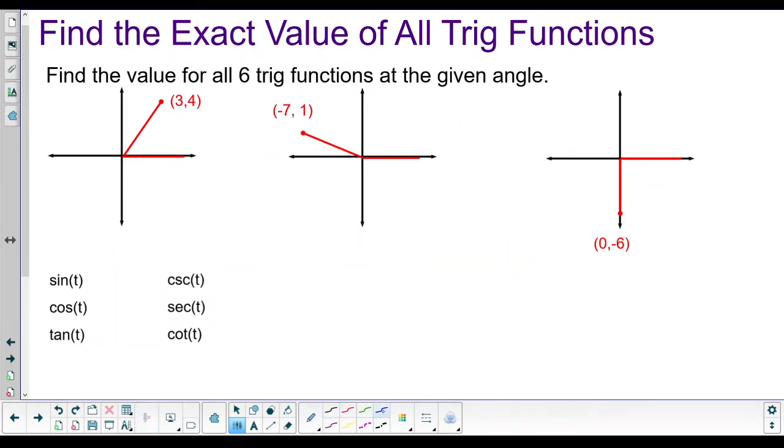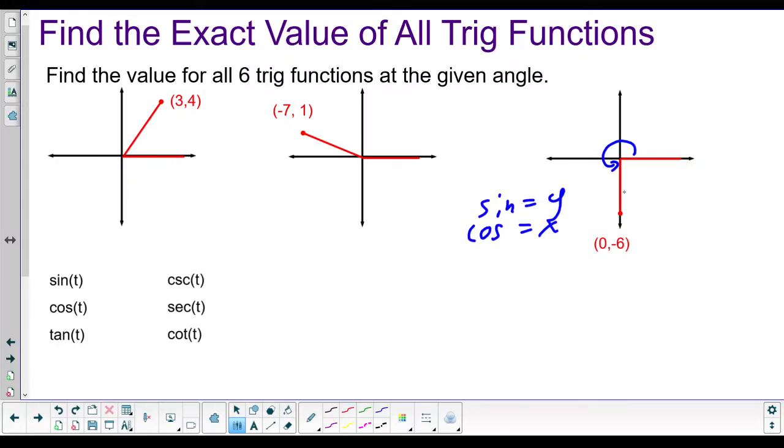Last one, you're going to go, Barton, please. No, not another one. Don't worry. This one's pretty easy. This one's like a special case, and you don't actually have to do any of the Pythagorean theorem stuff. So we're looking at this angle here, but we need to remember sine is y, cosine is x.